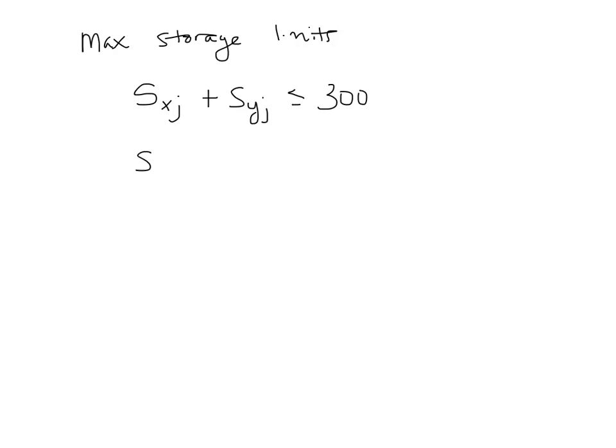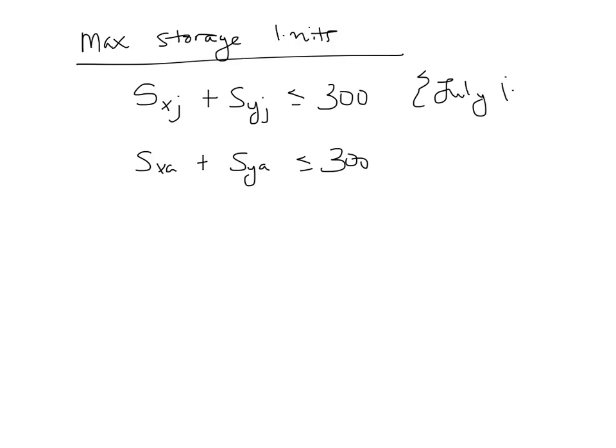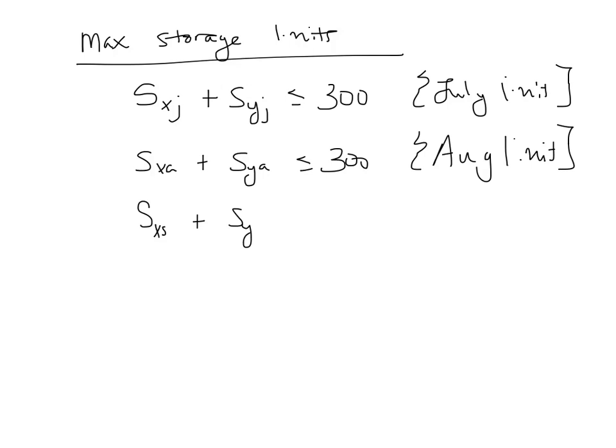We do the same thing for August, and that's the same right-hand side. So this is the July limit. This is the August limit. And then finally we have September, which is less than or equal to 300. September limit.